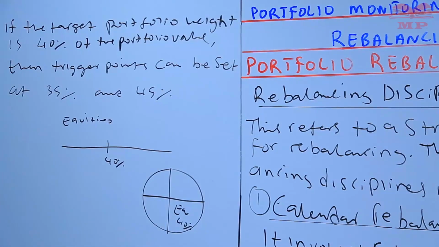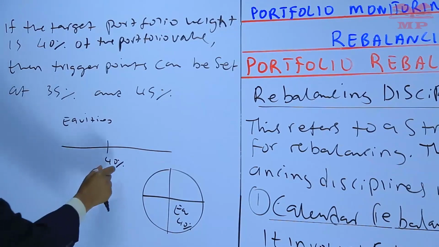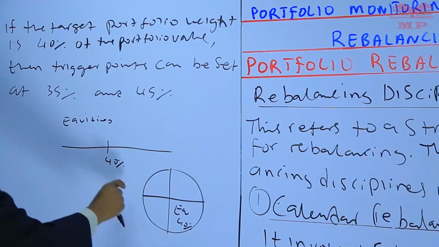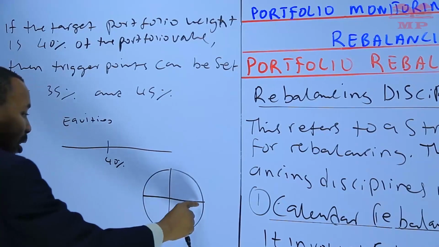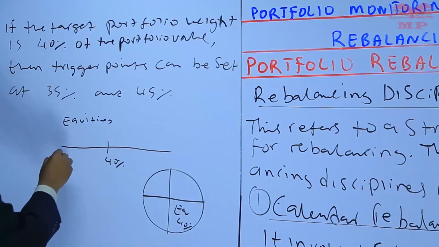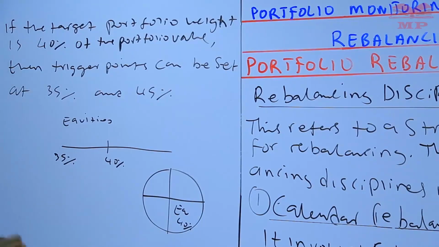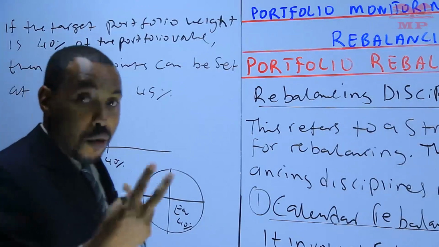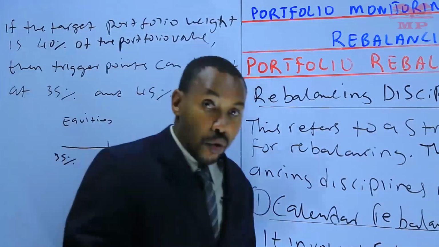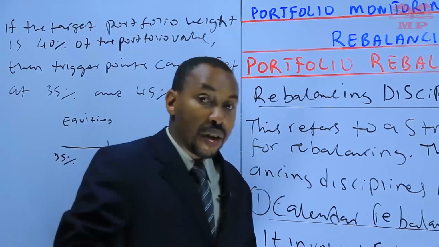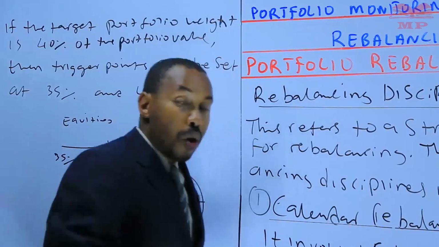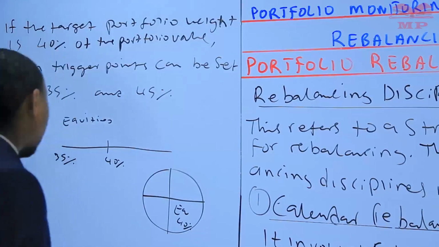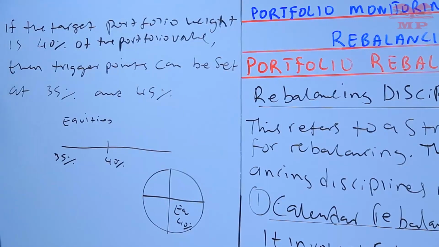So 40%, but if this contracts to 35%, then it should red flag, or a trigger should come off, warning the portfolio manager that we are reducing the portfolio value below our threshold point.